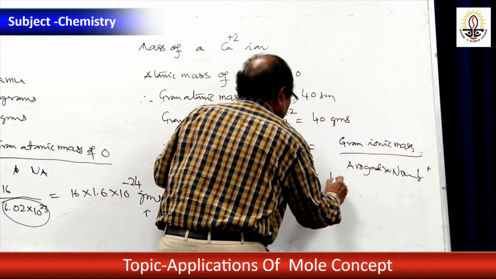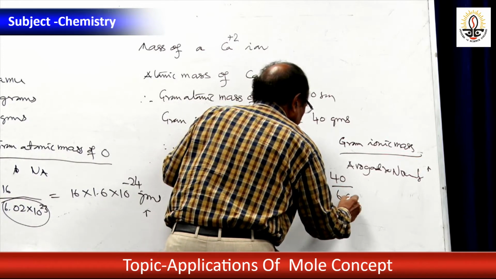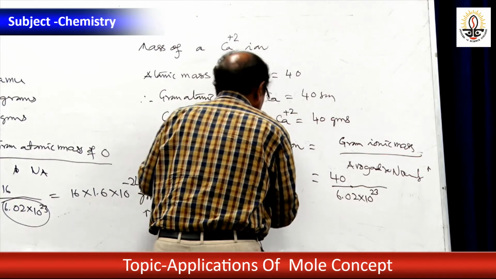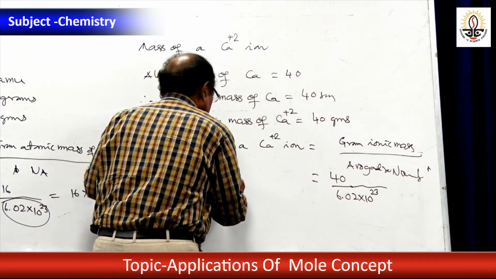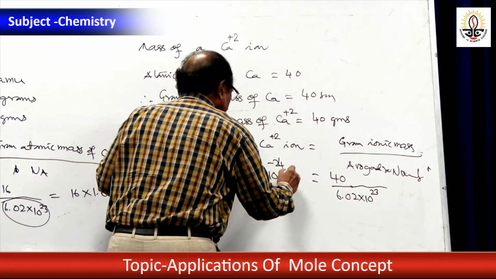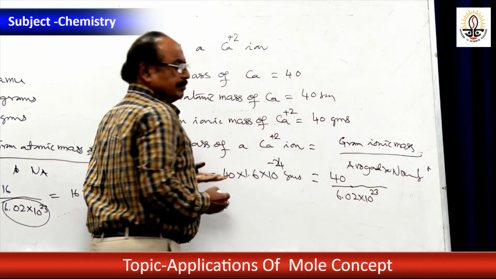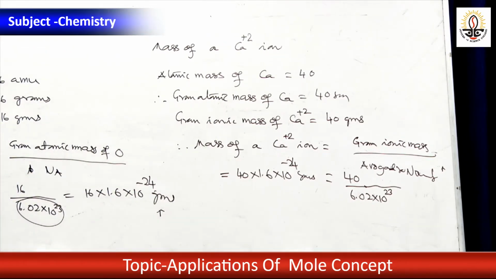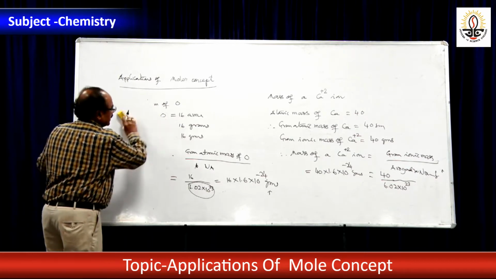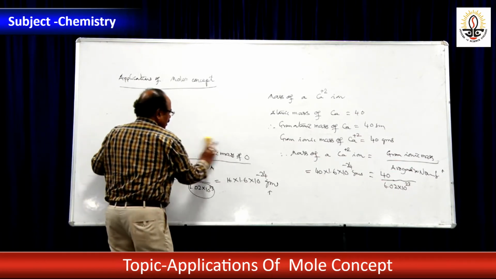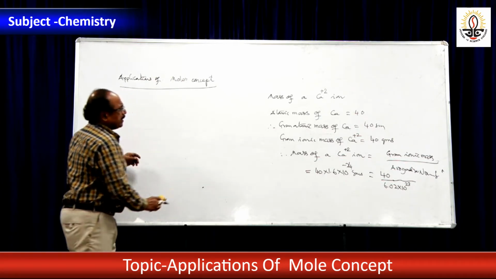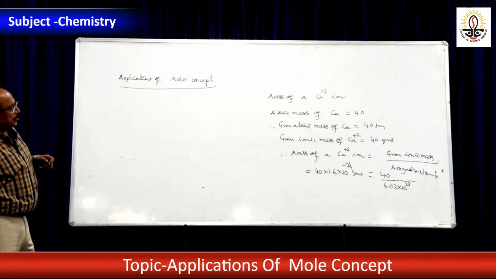So that is 40 by 6.02 into 10 to power 23, and that comes to 40 into 1.6 into 10 to power minus 24 grams. Could you understand this? Once the concept is clear, once fundamental knowledge is clear, you can use it anywhere, everywhere that you want to use it.